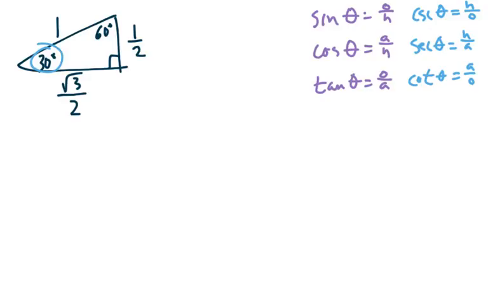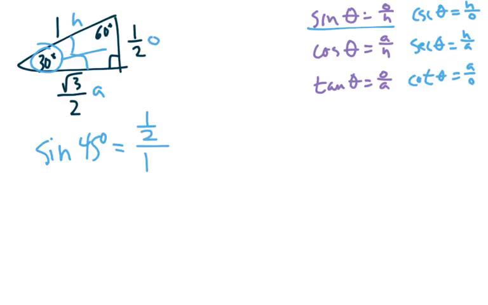So the 30, the opposite is 1/2, adjacent is square root of 3 over 2, hypotenuse is 1. So if we look at this one, for sine, opposite over hypotenuse, so sine of 30 degrees, opposite is 1/2 over hypotenuse is 1. That's easy, right? It's just 1/2.